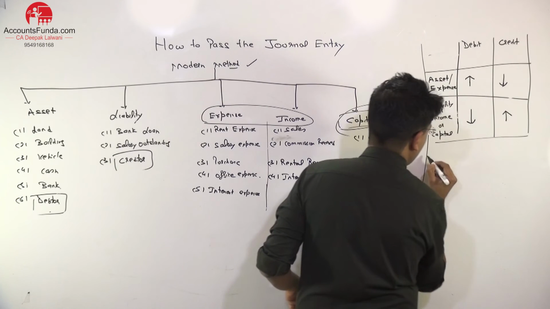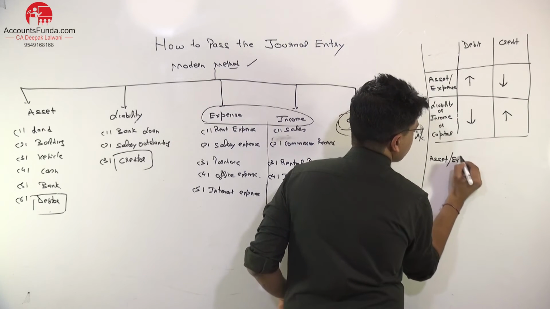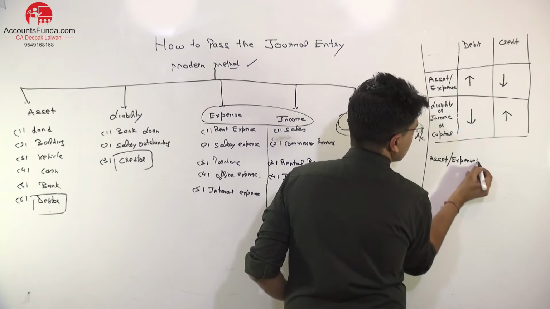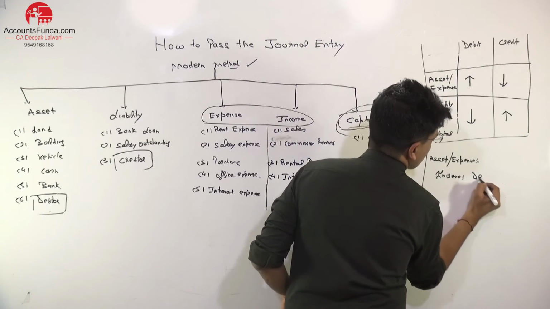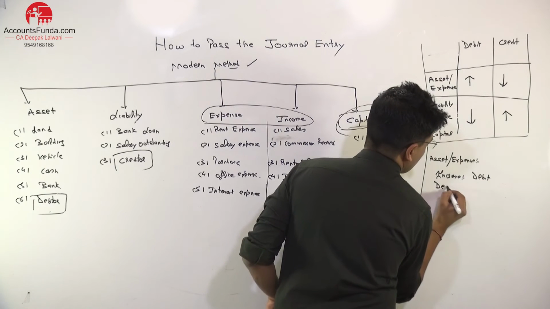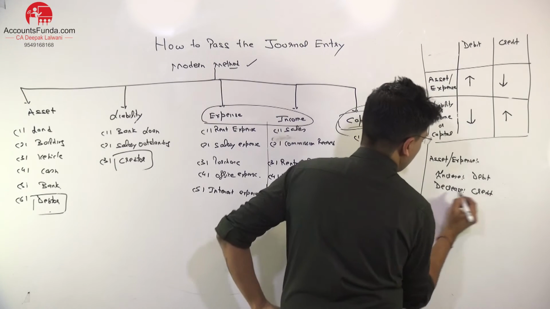I will write it down here also. Asset, expense: increase, debit; decrease, credit.